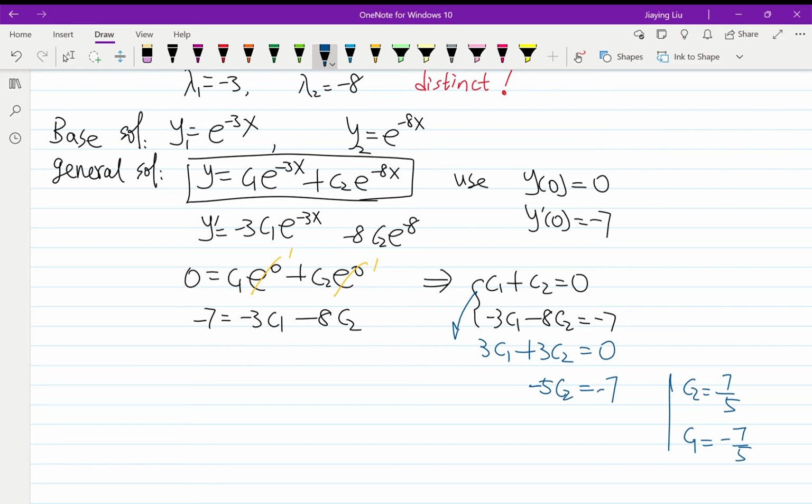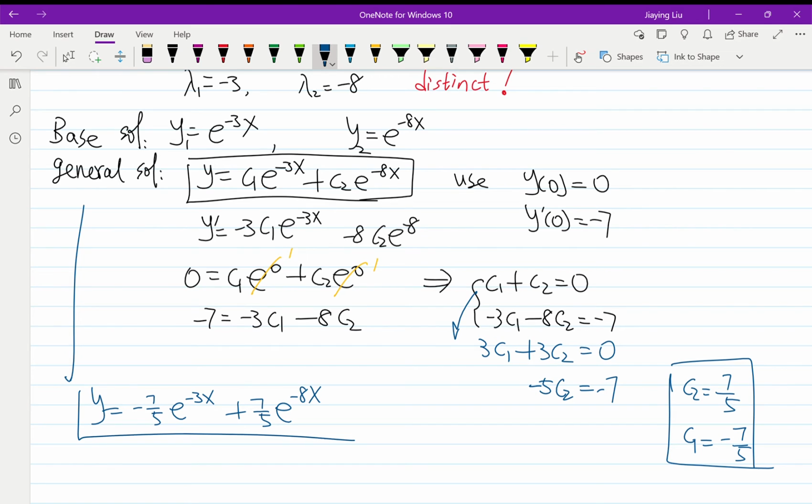Don't forget to plug those values into the general solution, which is y equals negative 7 over 5 e to the negative 3x plus 7 over 5 e to the negative 8x. We might be asked to find the solution interval.